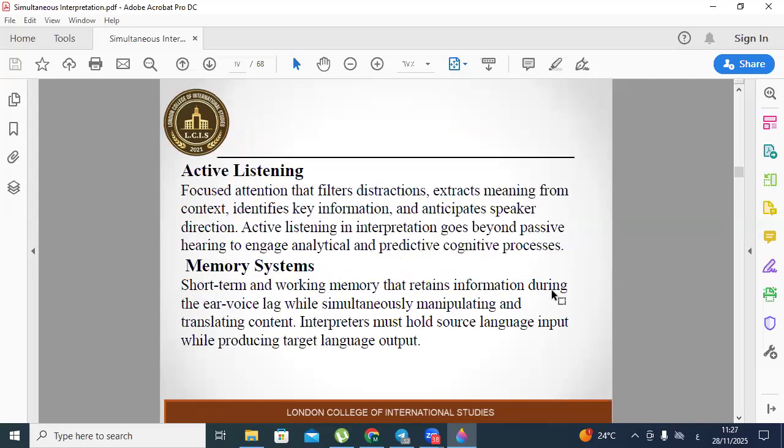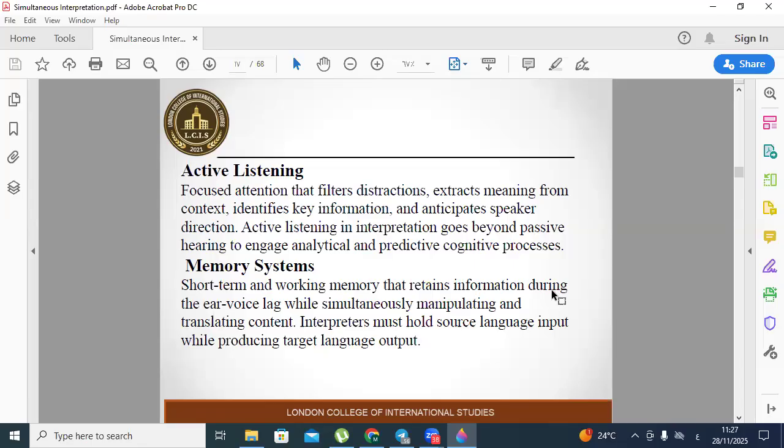Now let's go to active listening. Focused attention that filters distractions, extracts meaning from context, identifies key information, and anticipates speaker direction.